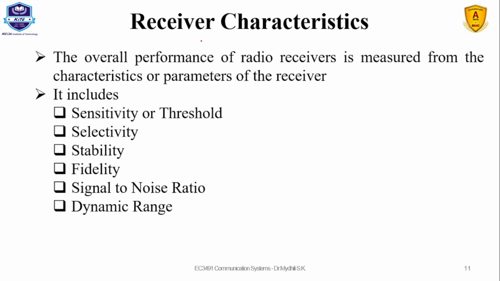So what are the receiver characteristics? As we have said, the receiver is the part at the receiving end, the demodulation part. We need to demodulate the signal, meaning we have to get the original message signal that was transmitted. So the receiver must have characteristics that let it pick the right signal among the signals present.